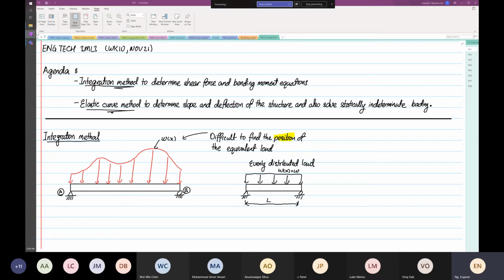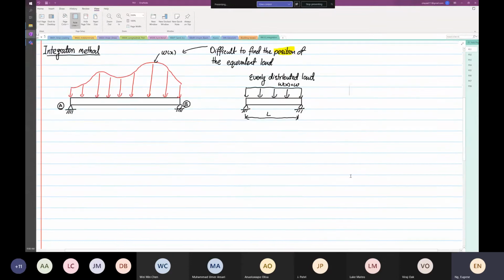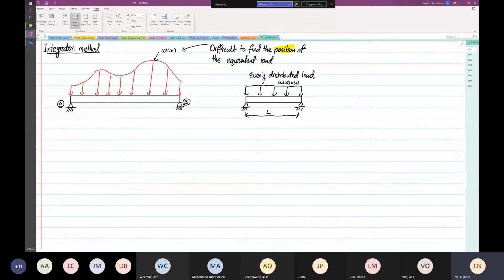So for this case, it's pretty straightforward, right? Now I'm going to move my screen slightly. Okay. So now I'm going to draw the free body diagram. We have simply supported. Oh no, free body diagram.